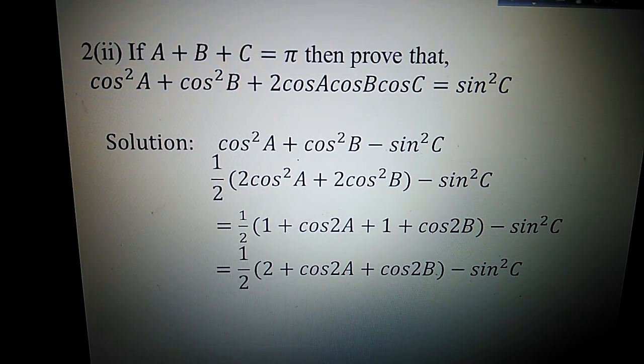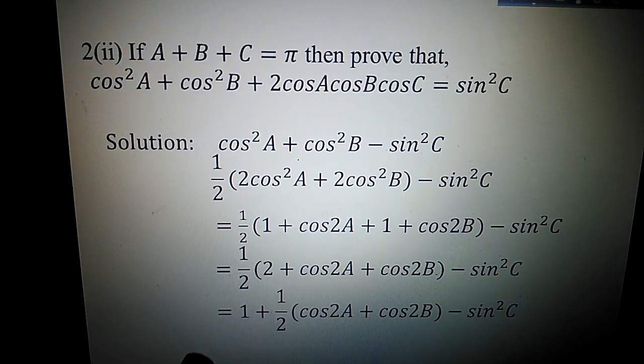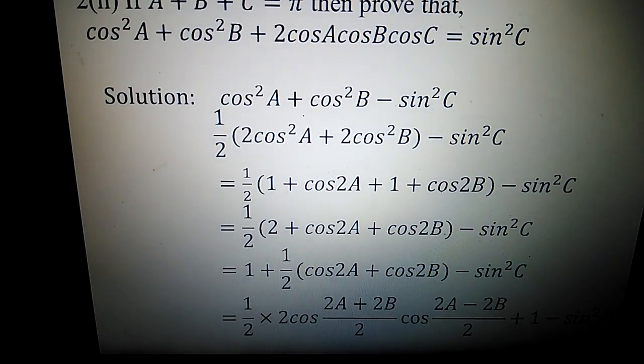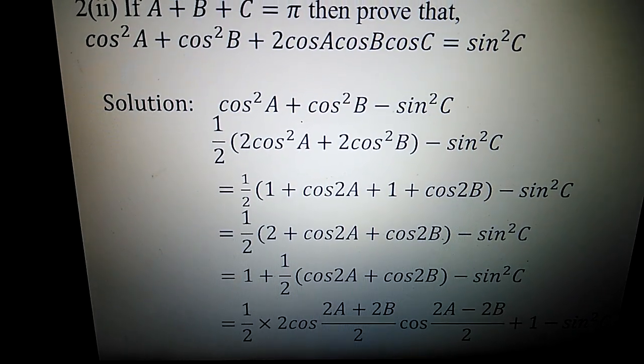2 plus cos 2a plus cos 2b and minus sine square c. Okay, here half into 2 is 1 and half cos 2a plus cos 2b. We write it here, minus sine square c. The next line, we just utilize the formula.